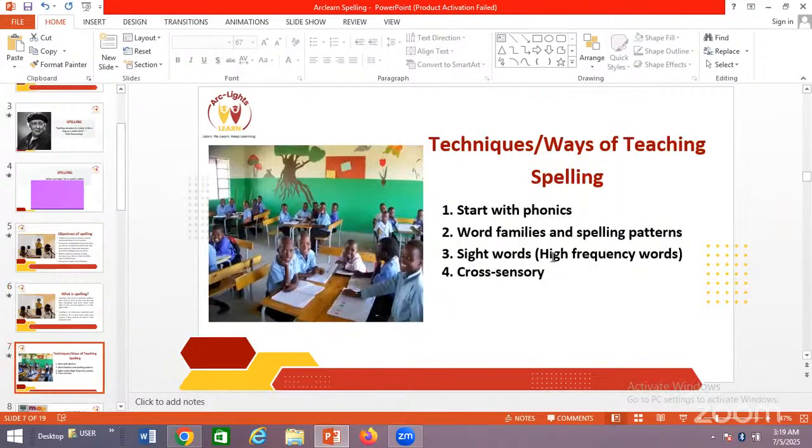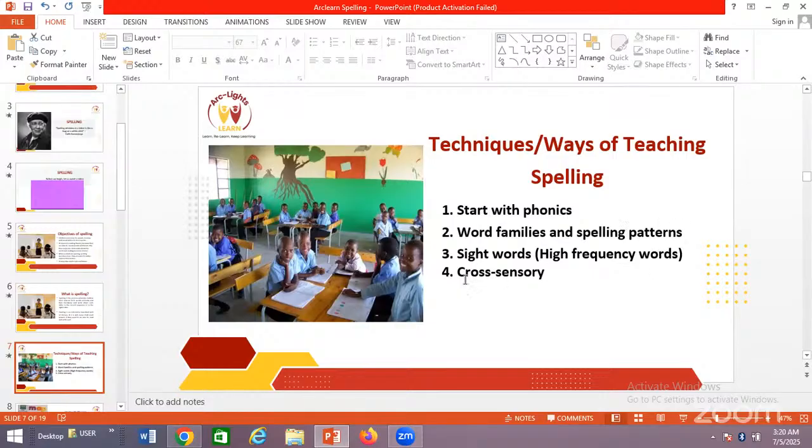Now, what are the techniques for it? Well, I'm going to be asking you questions at the end of the lesson, so please get your paper and pencil before I go on. Now, we'll start with techniques and ways of teaching spelling. You start with phonics. You have word families and spelling patterns. You have sight words.